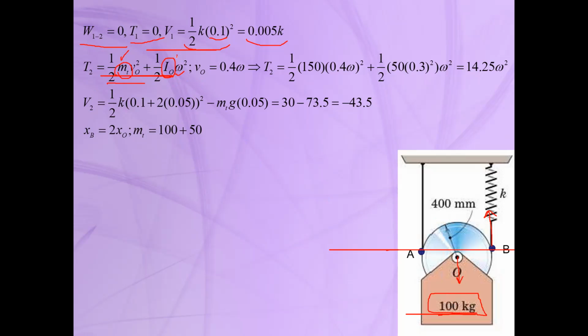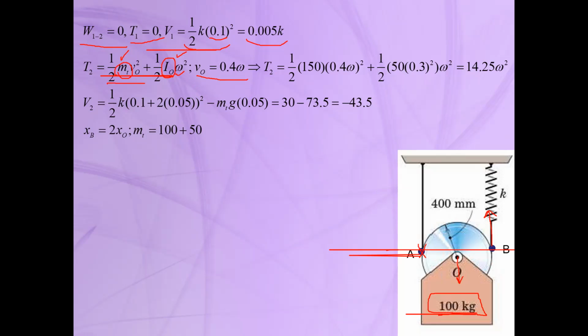But the second term, which is the rotational kinetic energy, will just depend on the rotation of this sheave, because only this sheave will have rotational motion. So we can substitute VO equal to 0.4 times omega, as I told you, because this system will rotate about this point A as a pure rotational motion.